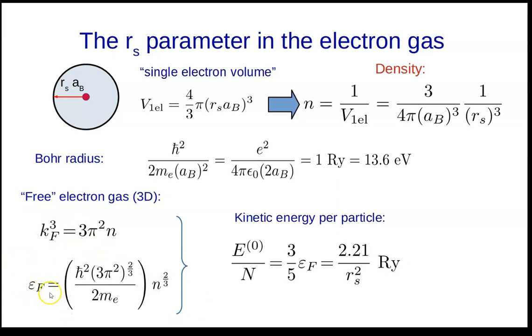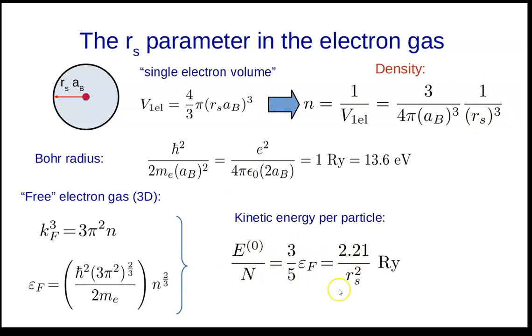So since the Fermi energy increases with the density, and we also calculated that the total energy of the electron gas per particle is 3/5 of the Fermi energy, and we derived this as well, it means that this also increases with the density to the power 2/3, and the density to the power 2/3 is proportional to 1 over Rs squared, right?